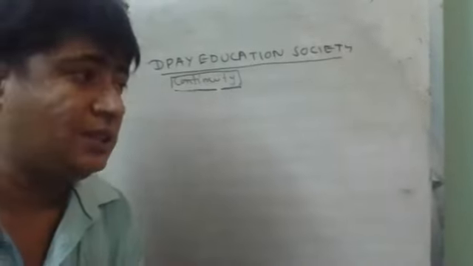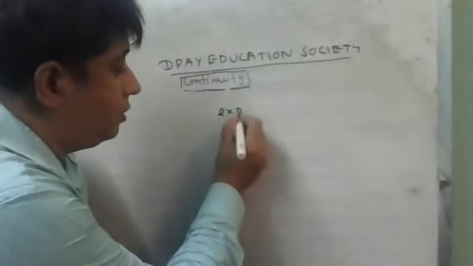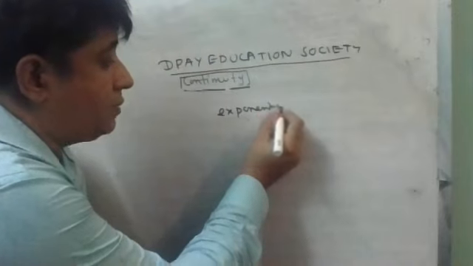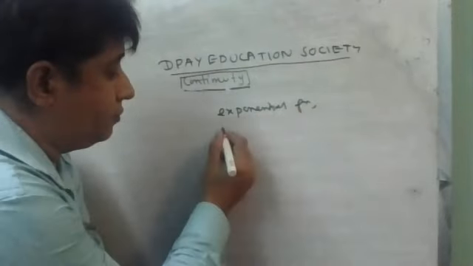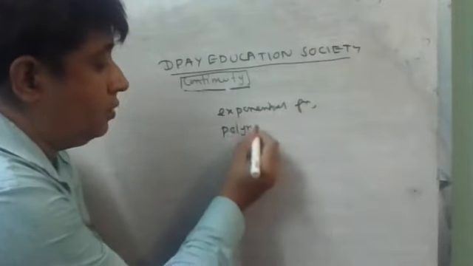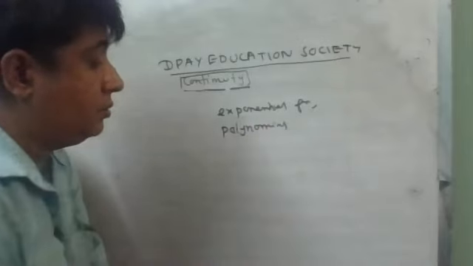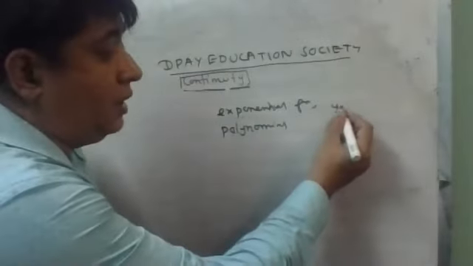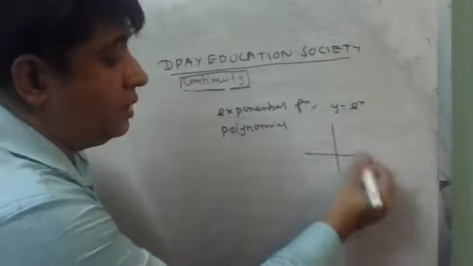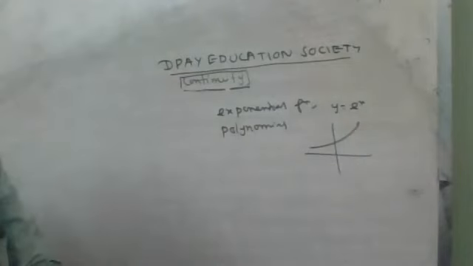Now, in case of an exponential function, y is equal to e to the power x, the graph will be like this.